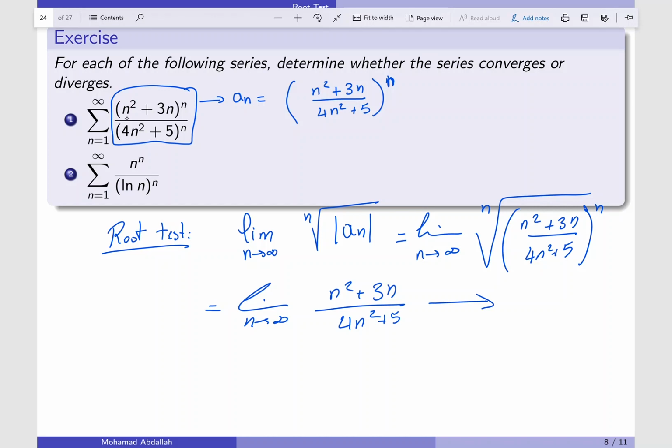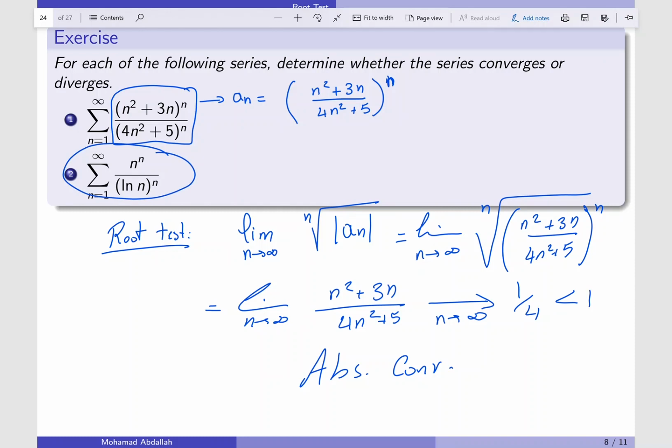And this goes to 1 over 4 as n goes to infinity, because that's a rational function with the same degrees. This is less than 1, so by the root test, this is absolutely convergent. You see, it's very simple if you know what to use. Now the same goes for that one. Just use the root test.